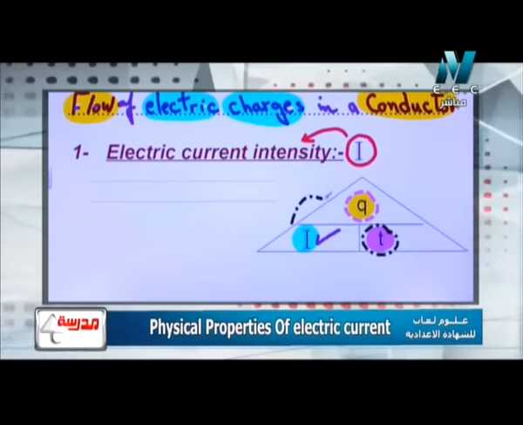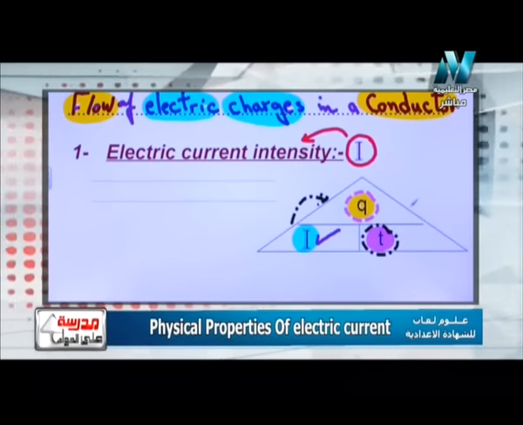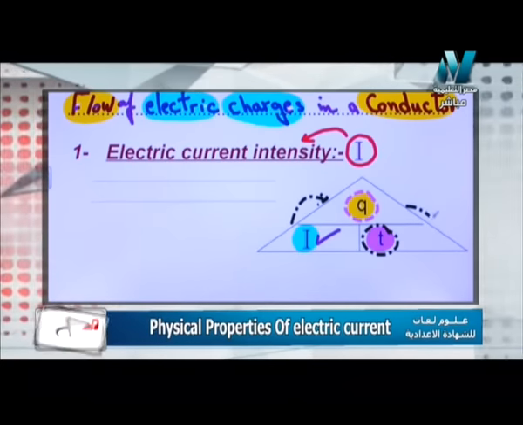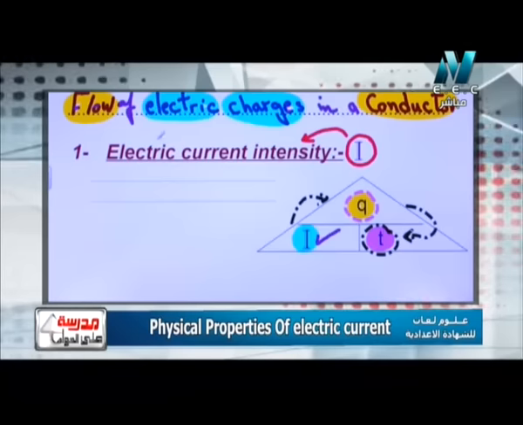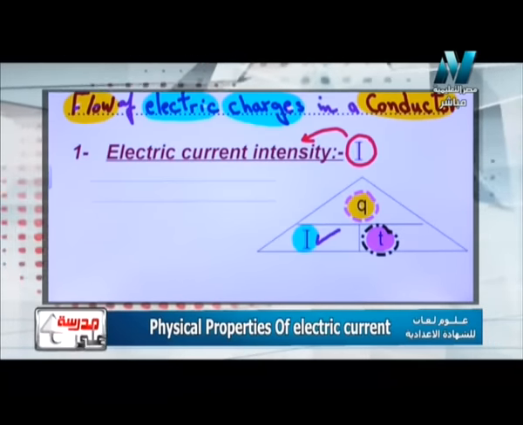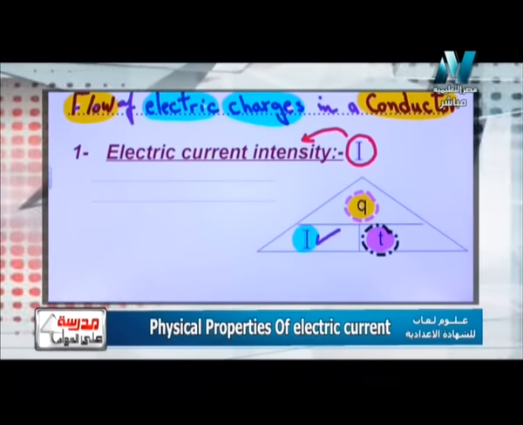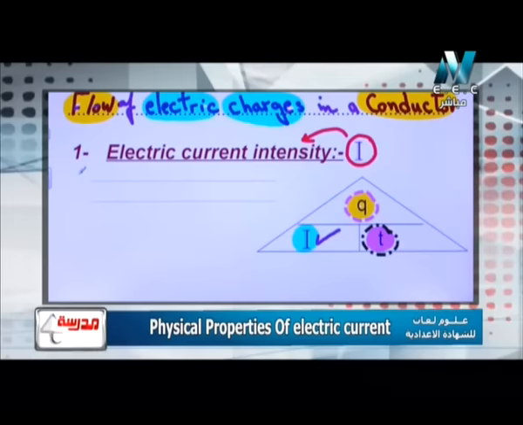It is the quantity of charge passing through a section of a conductor in 1 second. So I defined it from the triangle or the mathematical rule. Let's write it together.